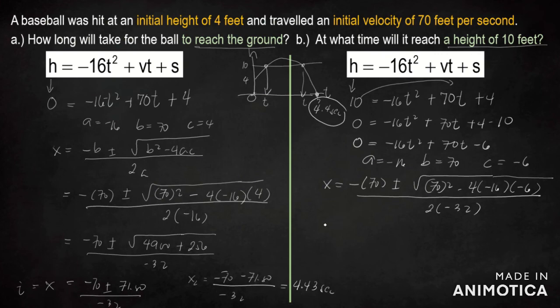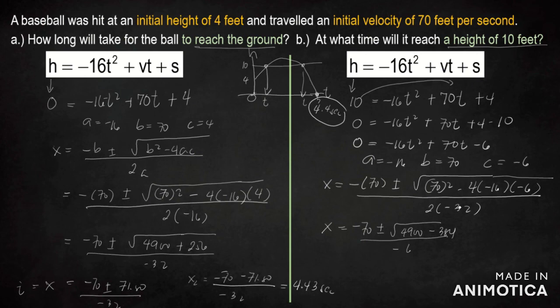Simplifying this, we have x is equal to negative 70 plus or minus the square root of 4,900 minus 384, over negative 64.